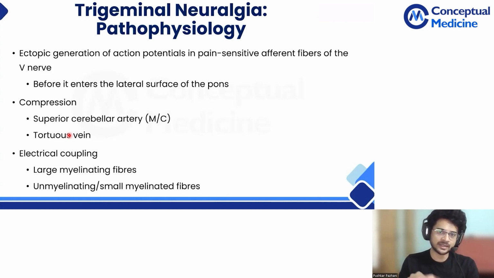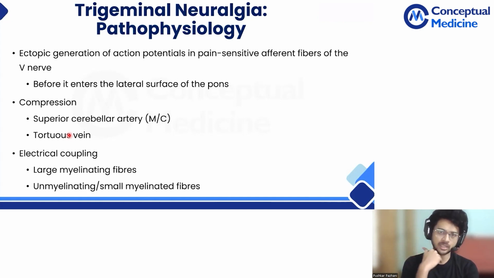Because it is electrically coupled, whenever the patient has any touch stimulus, that is your sensory triggers, it stimulates the large myelinated fibers, but because they are electrically coupled with the small fibers, it triggers paroxysms of pain.